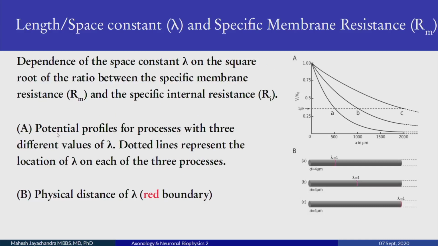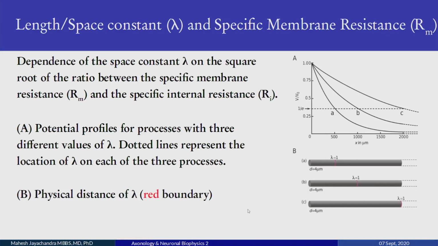So, length constant and membrane resistance. Consider three axons with three different values of lambda. This is the first curve, this is the second, and this is the third.